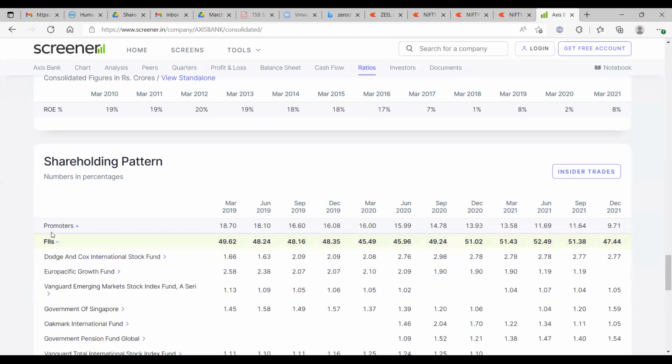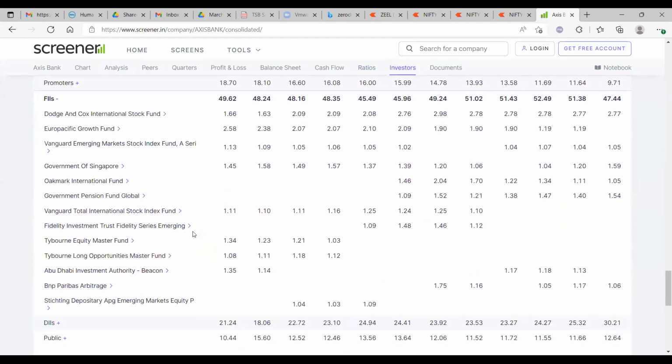So if I click on this, this much of a foreign investment will come to Axis Bank. You can see this one, Government of Singapore, Abu Dhabi. So all these are institutional players. When I say institutional players, as an institution, they invest. It is not an individual person who's investing. As an institution, they invest.